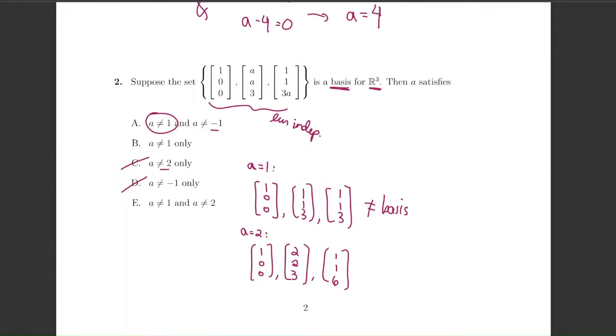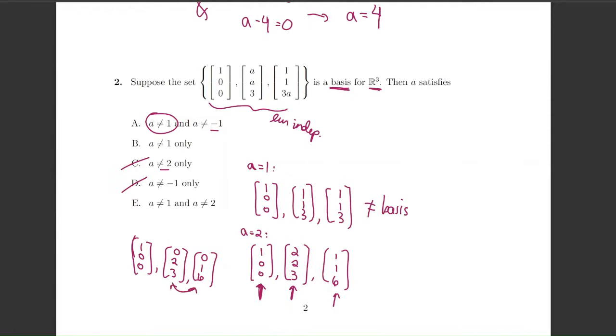Okay, so if you wanted to do some simple reduction, we can subtract 2 times this vector from this vector, which will give us the vectors 1, 0, 0, 0, 2, 3. And let's say we also subtract this vector from this vector, 0, 1, 6.